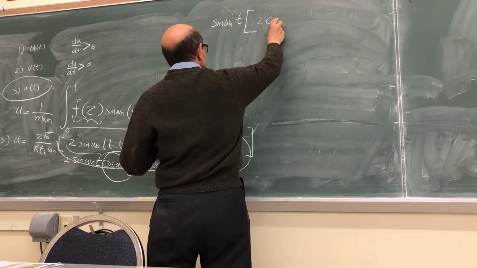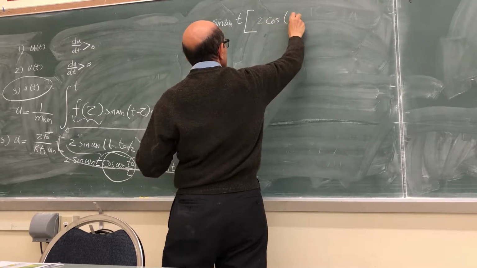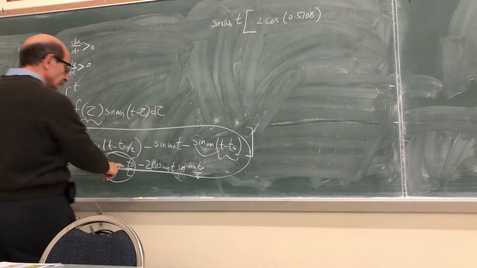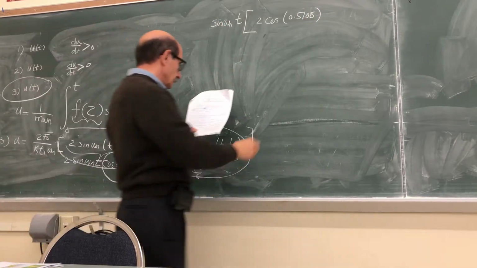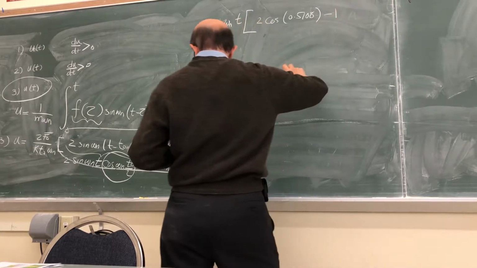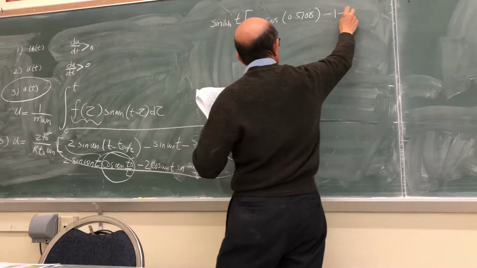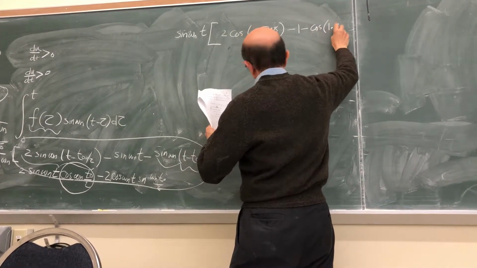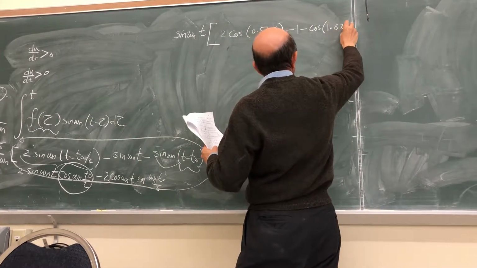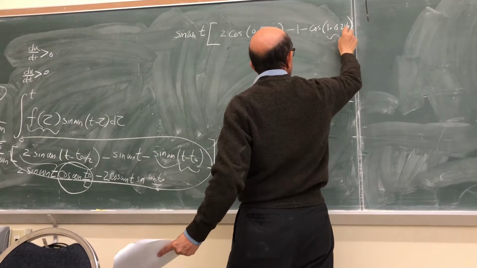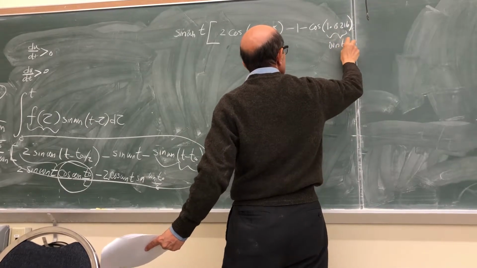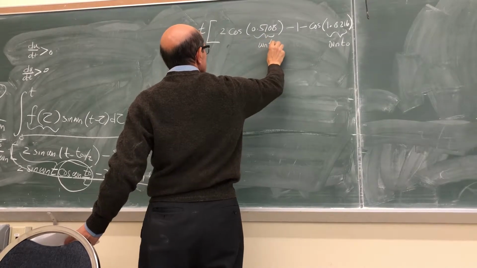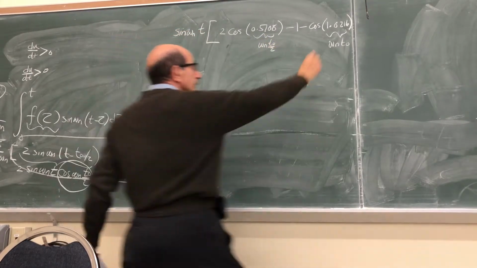Becomes cosine 0.5108, which is omega n times t naught, minus 1, minus cosine of 1.0216. This is actually omega n t naught over 2, evaluated.